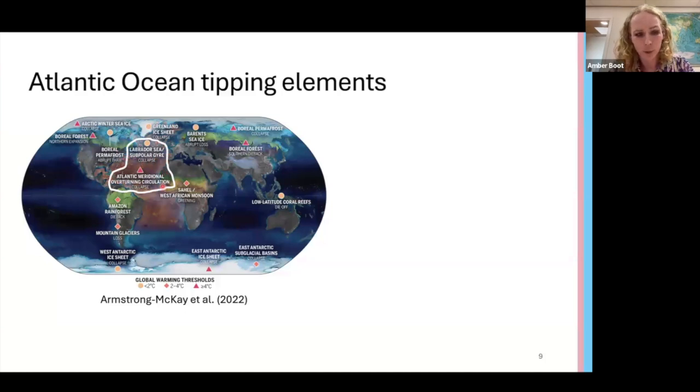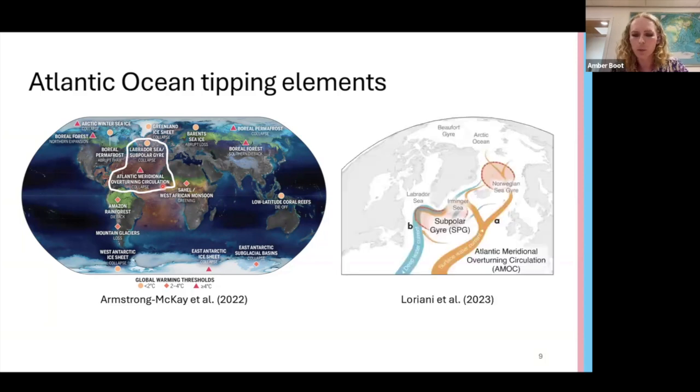Now, since this is for ClimTip, I assumed that everyone is slightly familiar with these tipping elements, and I will not go into a lot of detail about how these tipping points function. But just to give a little bit more background for those who need it, we can visualize the AMOC as this surface current that flows from the South Atlantic all the way to the North Atlantic, and that it transports a lot of heat.